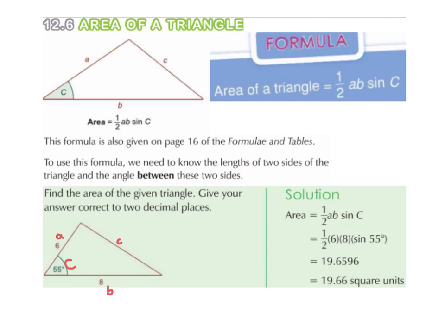We're going to look at the sine rule and the cosine rule in a few videos, but it's important to note that when you're using this formula, you have to have the angle and the two sides either side of the angle. Otherwise, you use the sine rule or the cosine rule to find whatever piece of information you're missing, whether it's an angle or a side.